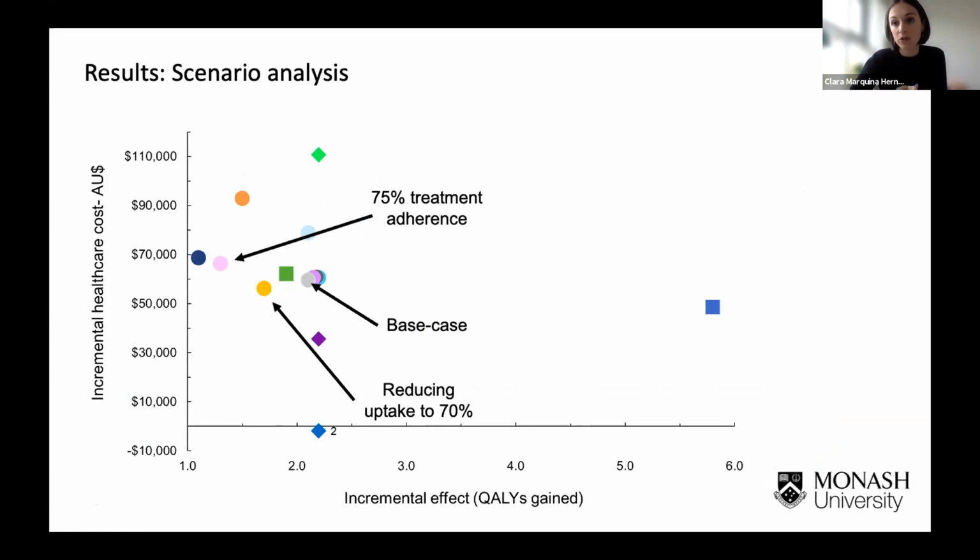So everyone should be treated with lipid lowering therapy. So that's why we decided to go in the base case with 100%. And then we did a model with 75% treatment adherence. We didn't go as low as 64%, which is the current situation. But as you can imagine, the results are going to be even worse than for 75%.